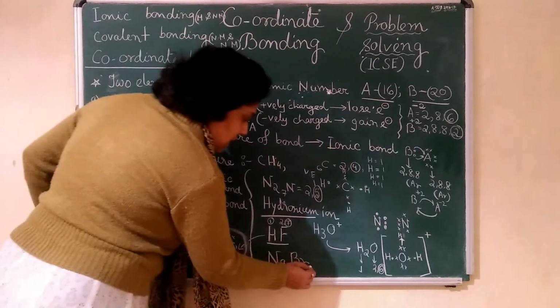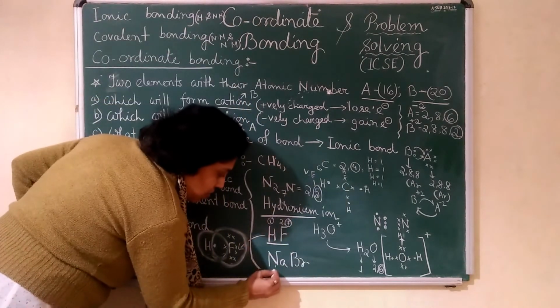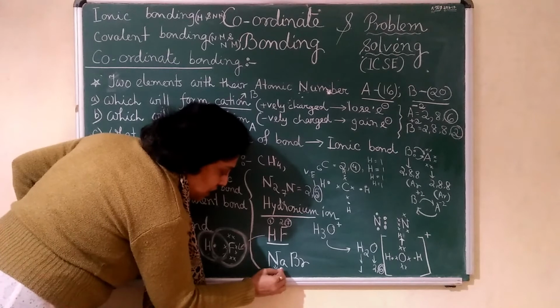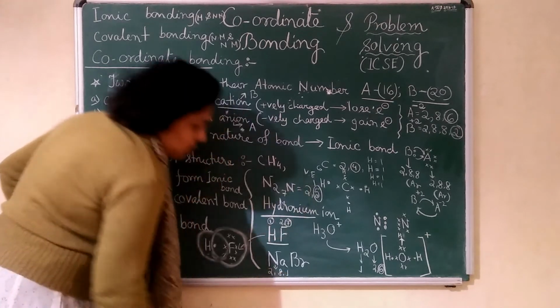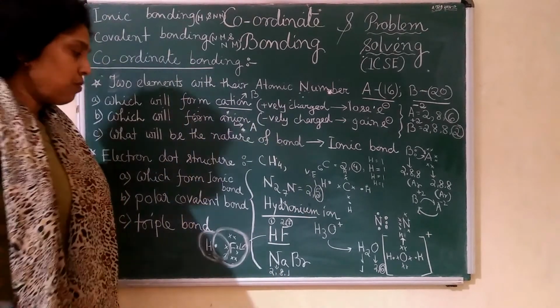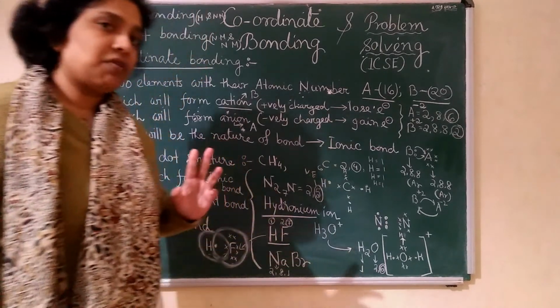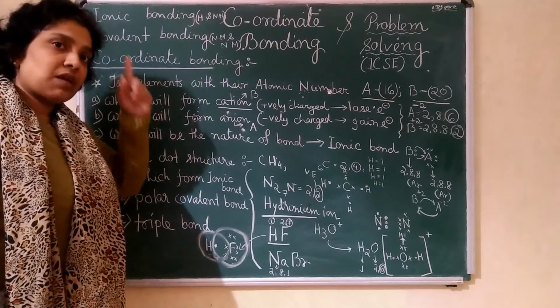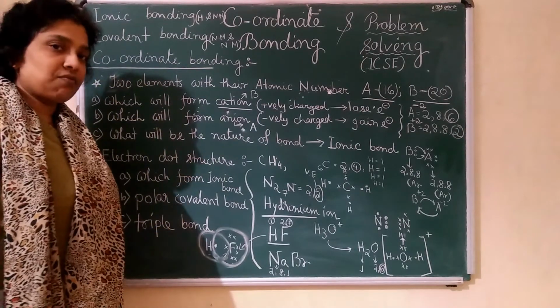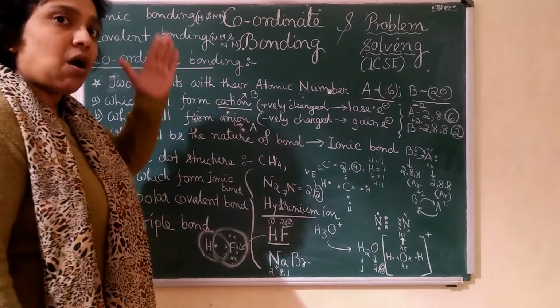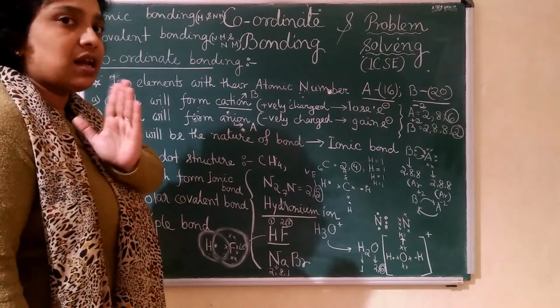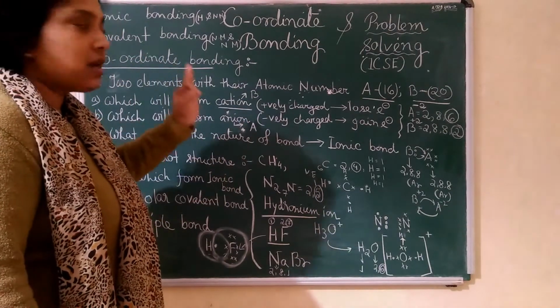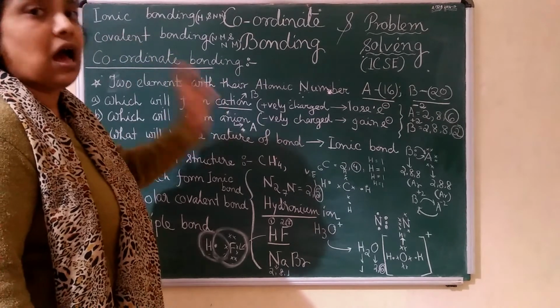Next one is NaBr. Na sodium. What is the configuration? 2, 8, 1. Okay. And bromine. Bromine, no need to write the electronic configuration. Bromine is which family? Bromine is from 17 group number. Halogen family. Okay. So all halogen family valence electron will be same. Either it is fluorine, chlorine, bromine, iodine.